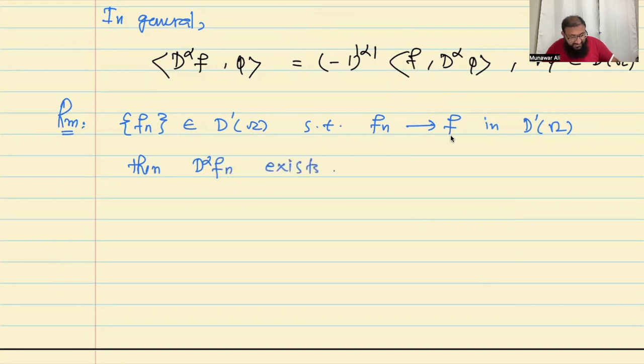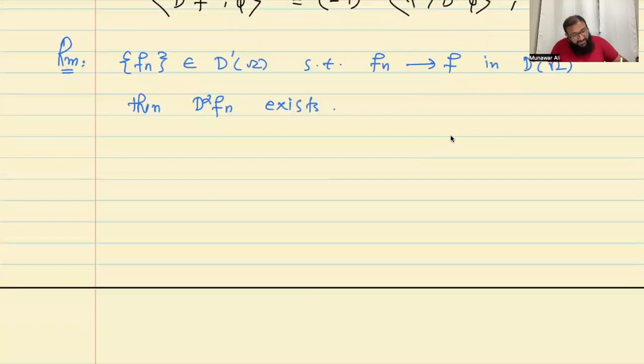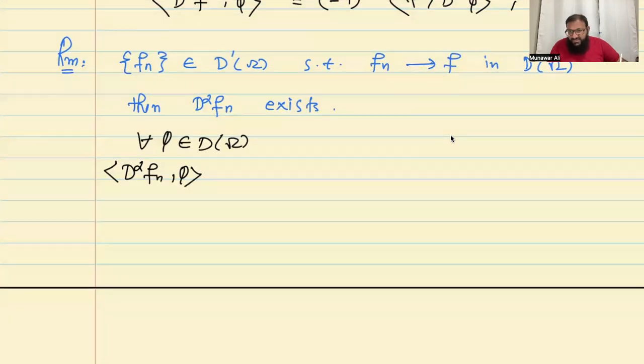This is the first thing. Now, I can also talk about convergence. How can I talk about convergence? If I take any test function, then I take the derivatives of F_n and operate them on phi. Can I talk about convergence? This is my question. So the answer is yes.